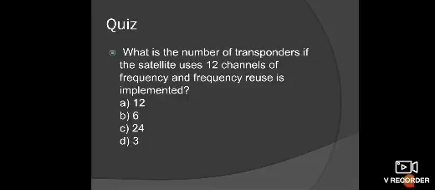So what is the answer? The answer is C. We require 24 transponders for a satellite having 12 channels of frequency when frequency reuse is implemented. That means 24 transponders are going to be required if the satellite uses 12 channels of frequency and frequency reuse is implemented.